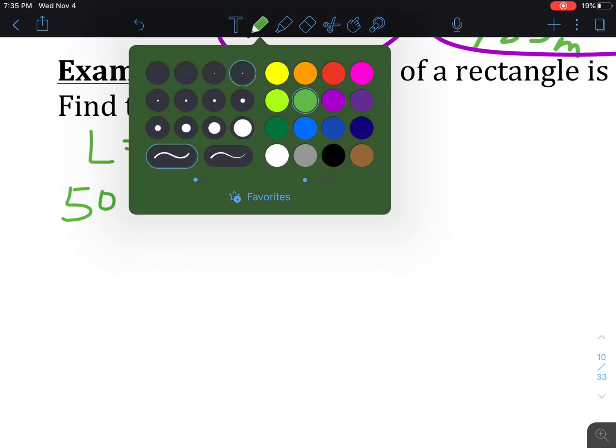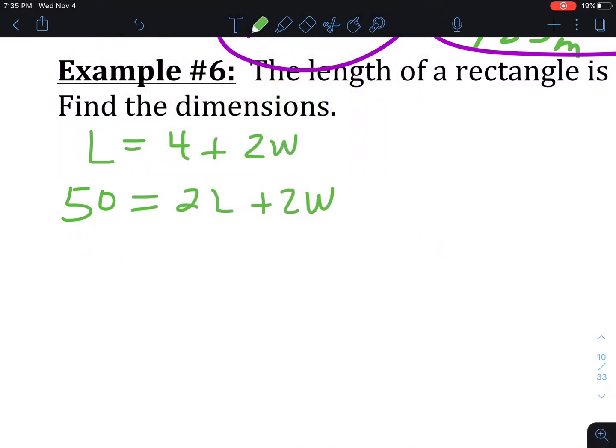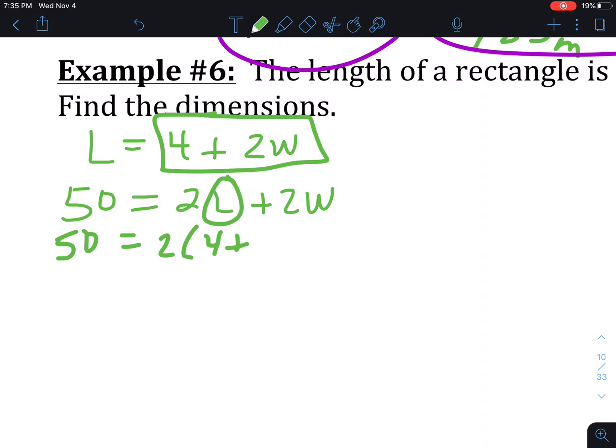You can see the theme. We got an L equals, so we're going to box that in. That's going to go in for the L into the other equation. And then you just finish this up: distribute the 2.